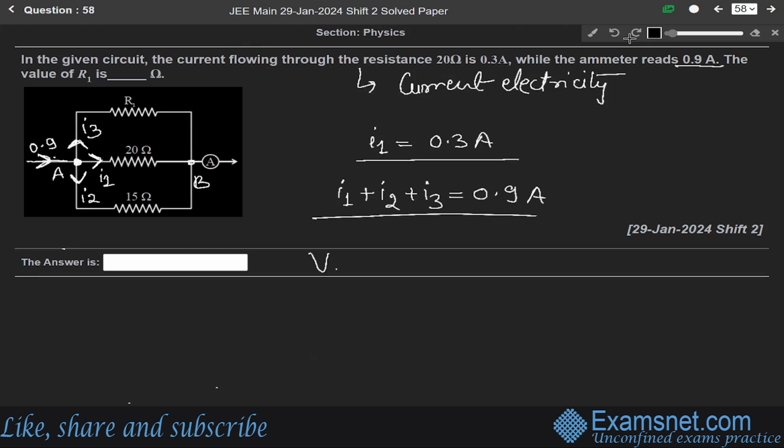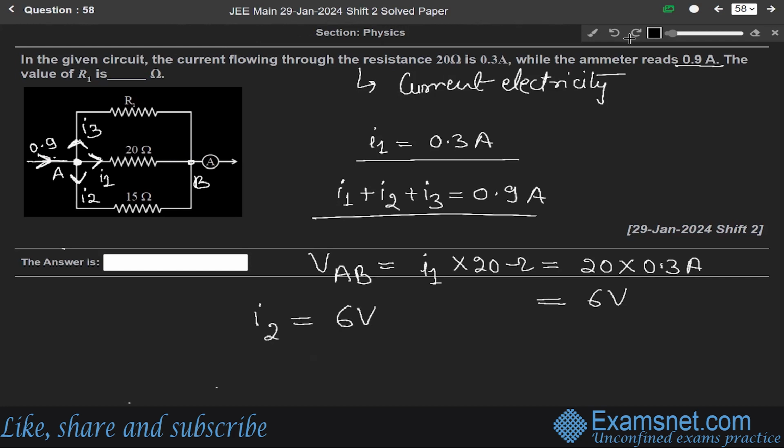So VAB, potential across AB, will be equal to I1 into 20 ohm. It will be 20 into I1. I1 is given as 0.3 ampere, so VAB will be 6 volt. Now I2 will be equal to 6 volt over 15 ohm, so it will be 2 over 5 ampere.